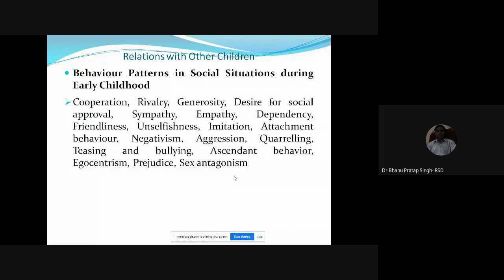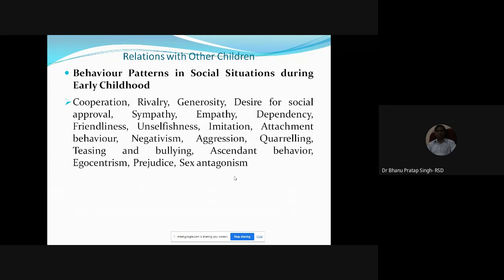Relations with other children. We have already discussed many of the behavior patterns of the child in various situations in early childhood.